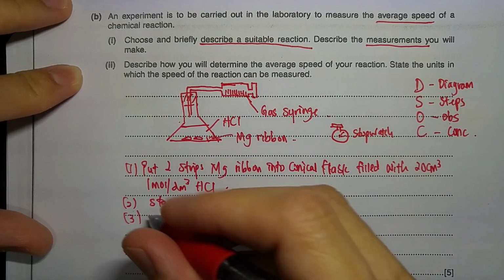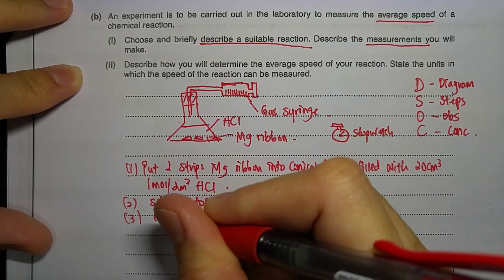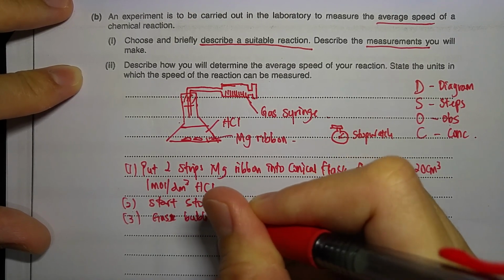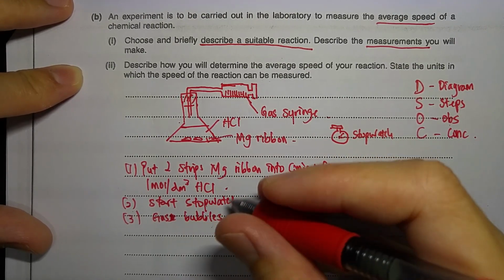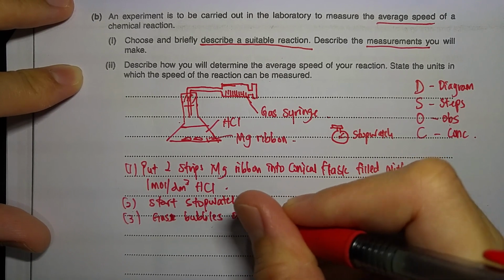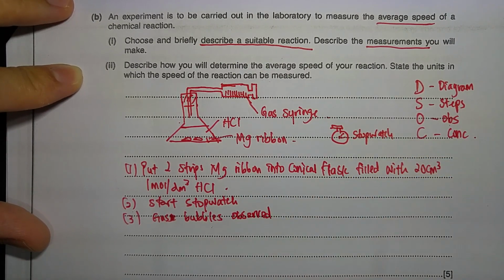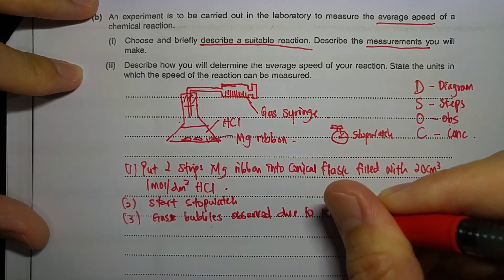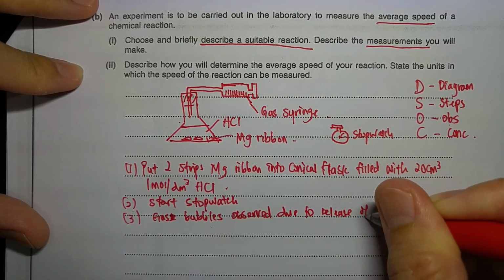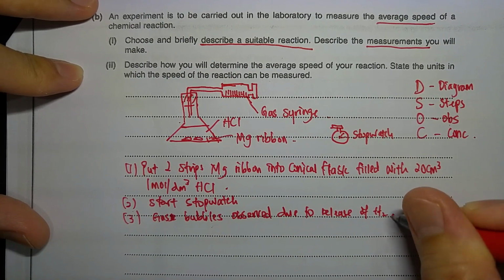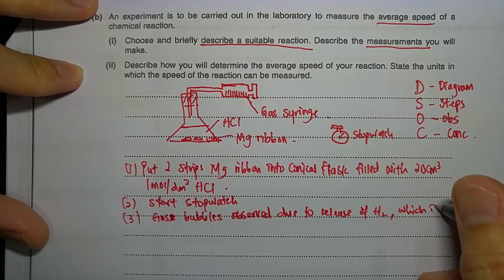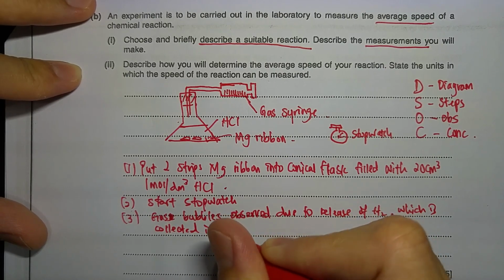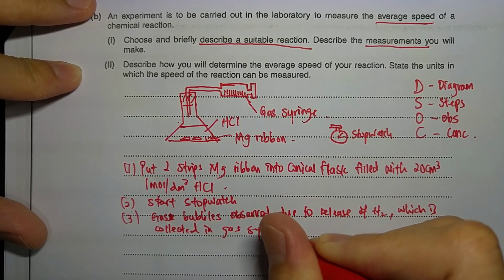Gas bubbles. Then you must explain what this gas bubble is. Explain your observation: due to release of H2, which is collected in the gas syringe.